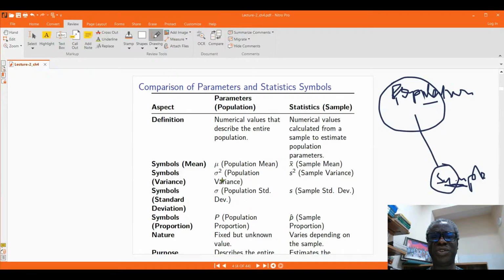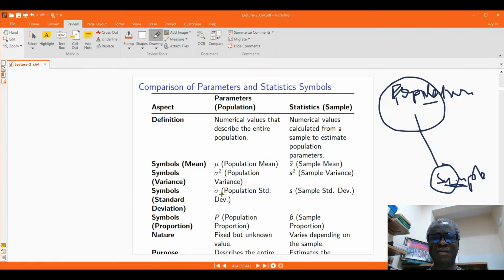For variance, we use the Greek letter sigma squared. So sigma squared is the population variance. The corresponding value from the sample is the sample variance, and that is given as S squared.